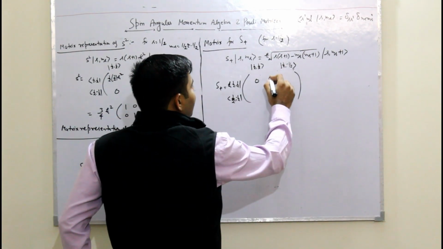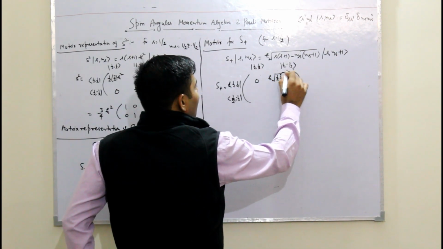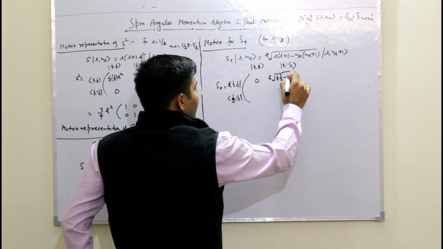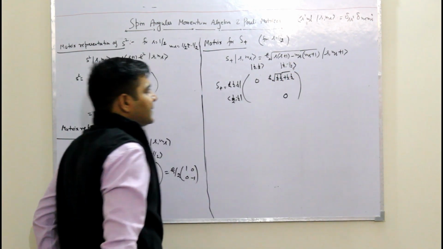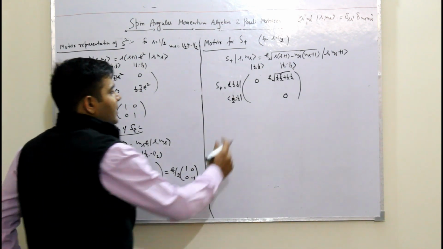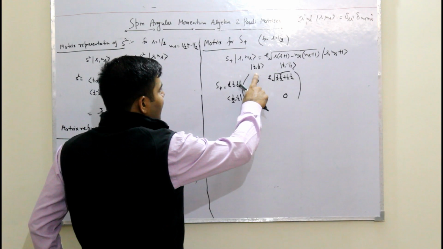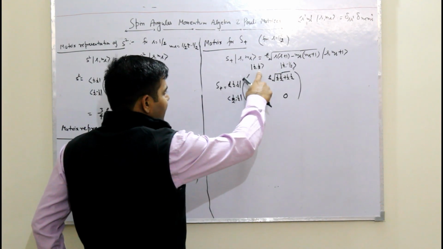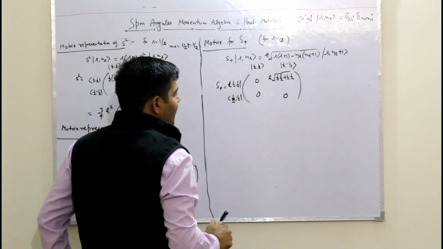So what we get is h cross under the root half into 3 by 2 minus ms, where ms is minus half, so minus minus half gives plus half, into plus half. And for this case, when s plus acts on half comma half, it will raise ms by 1, that is ms becomes 3 by 2, which is not allowed, so this is going to be 0.